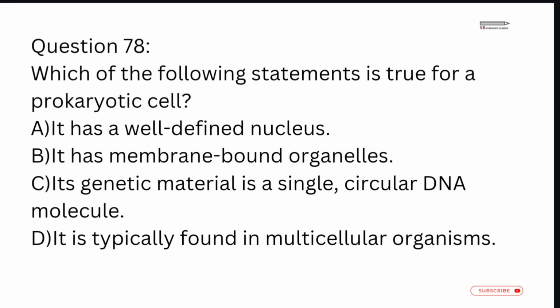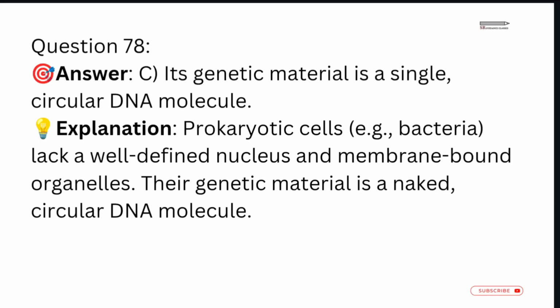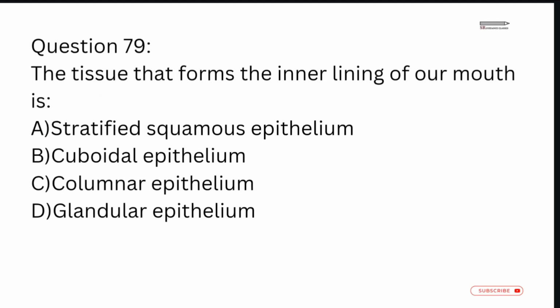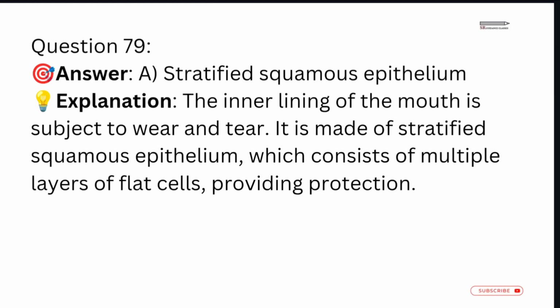Which of the following statements is true for a prokaryotic cell? The correct answer is option C. Its genetic material is a single circular DNA molecule. The tissue that forms the inner lining of our mouth is... The correct answer is option A, stratified squamous epithelium.